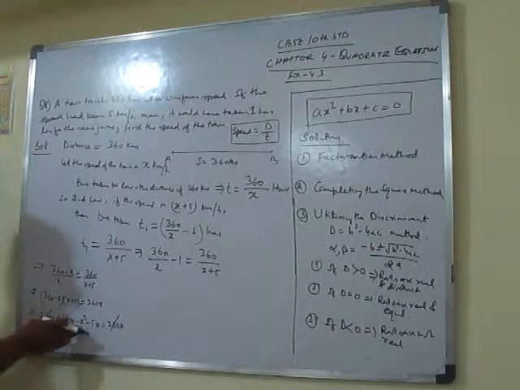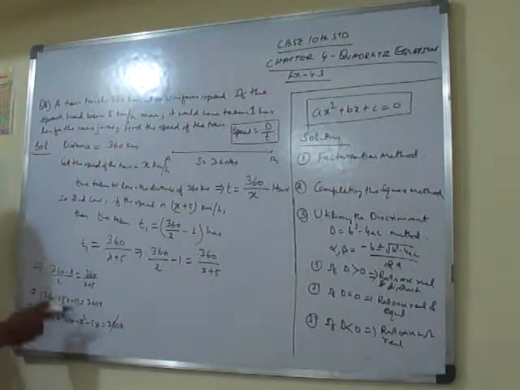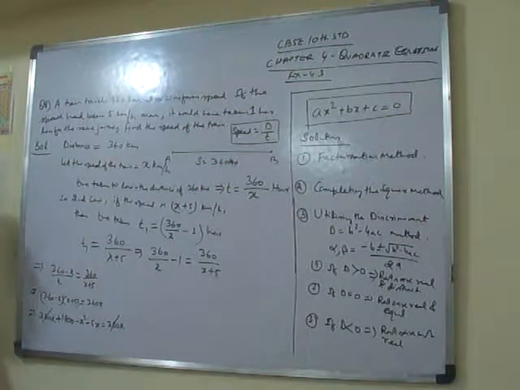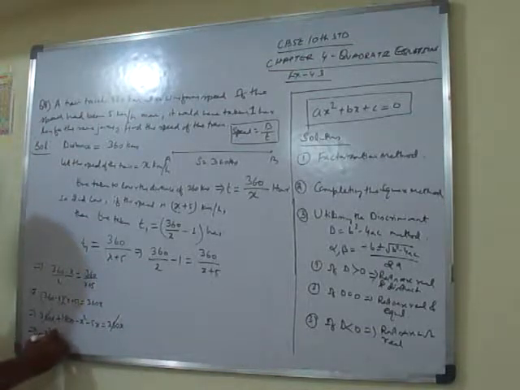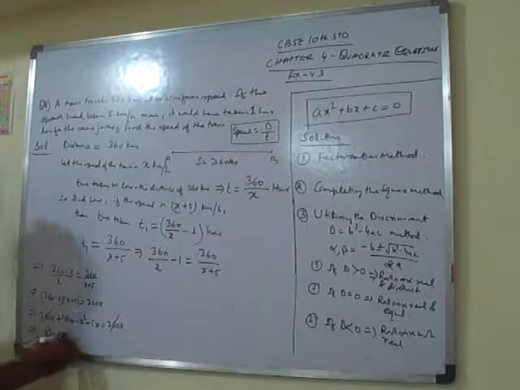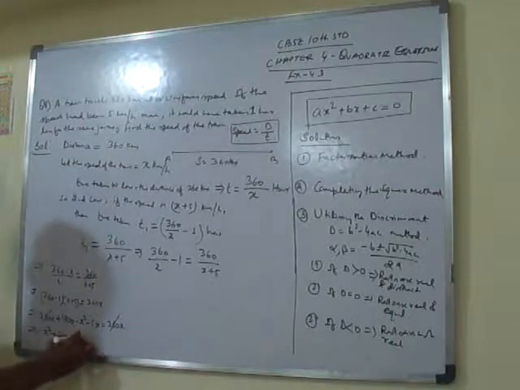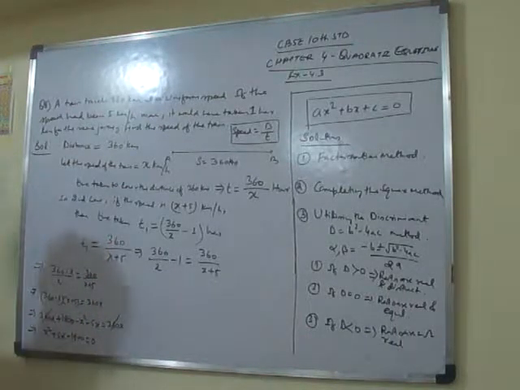Now we will take this to the right hand side so that X square becomes positive. So it will become X square plus 5X minus 1800 is equal to 0.